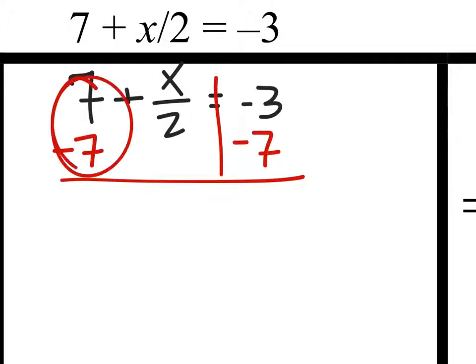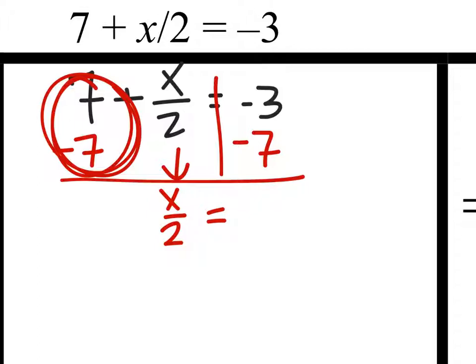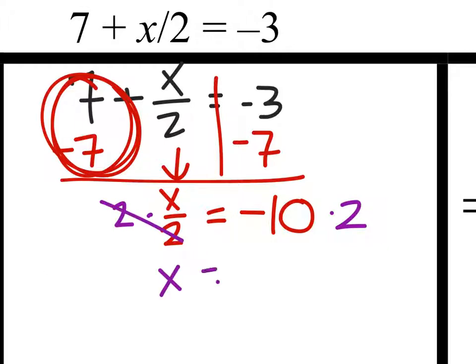So we got a 0 pair up in here. And we're just left with the x over 2 equals negative 3 minus 7 is negative 10. Well, how do we get rid of that half? Just multiplying by 2. So that's the inverse op thing. The 2's cancel out and we got x equals negative 20.